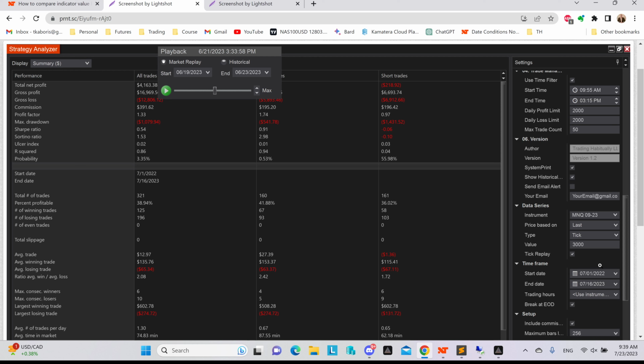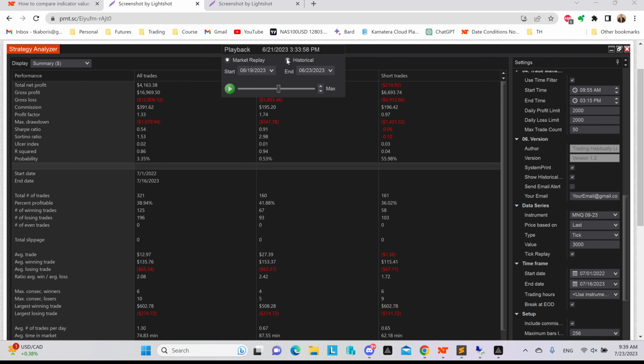It was just one MNQ, and it used a time filter, just from 10 a.m. till 3:15. It took 321 trades, and total net profit was $4,000, and that includes the commission.